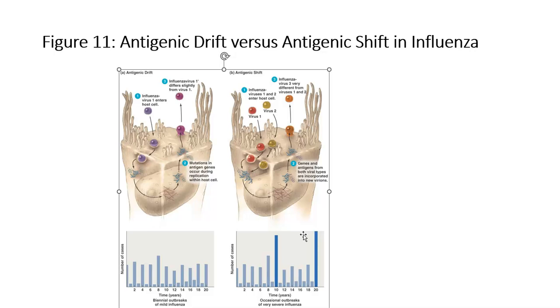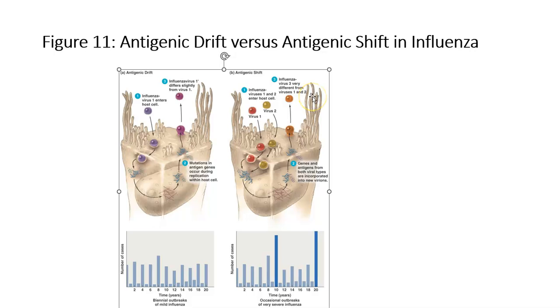Where we really have the problems, these huge outbreaks, is when we get an antigenic shift. That usually occurs when two viruses enter, influenza virus 1 and influenza virus 2 entering the cell.